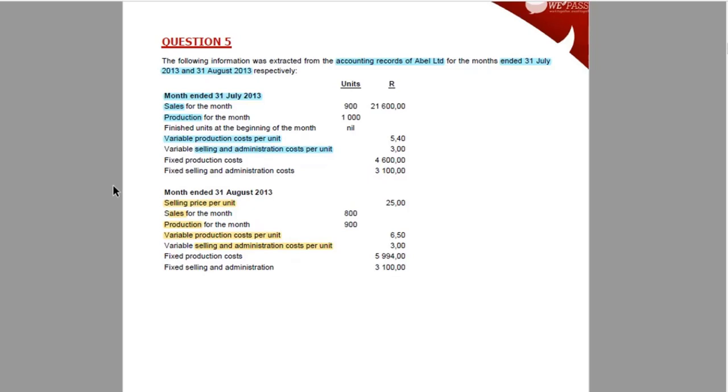Where did you end off? On absorption costing, I ended on when I was meant to subtract the variable selling and admin. Okay, at least you pushed a bit.